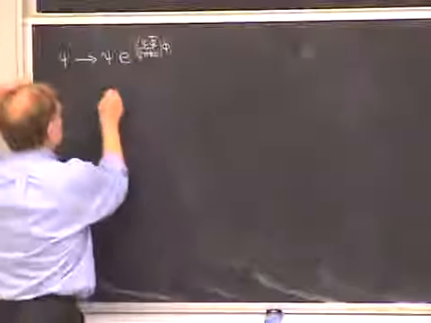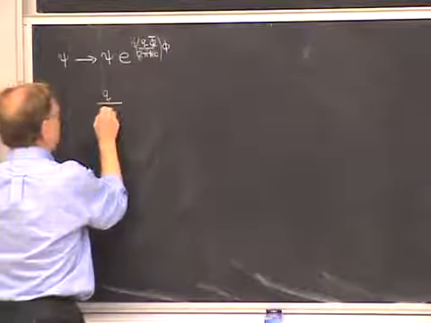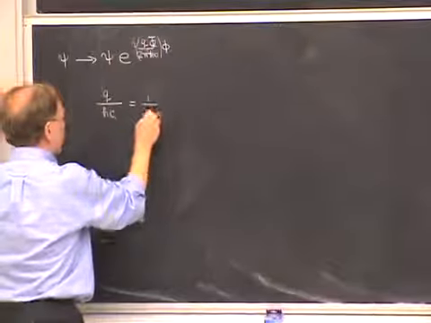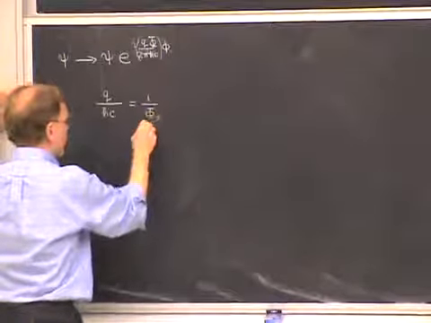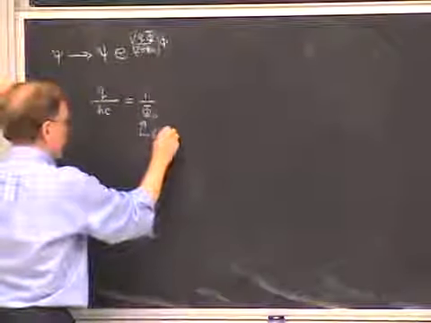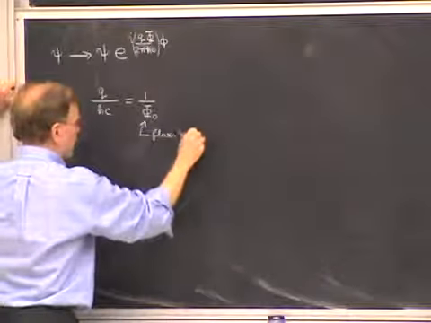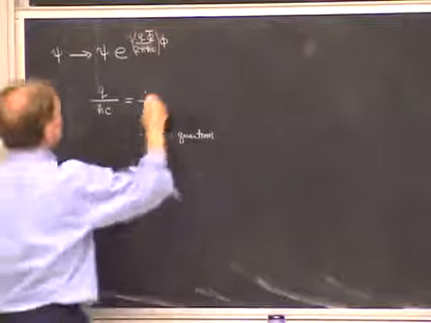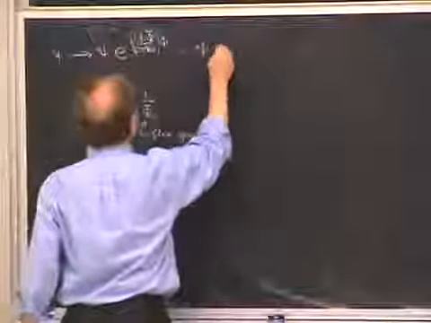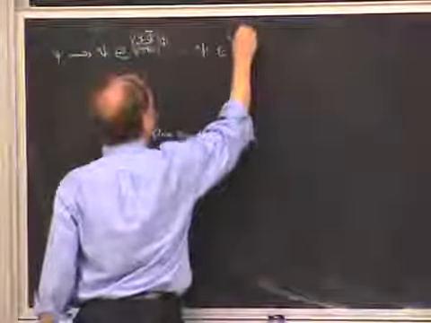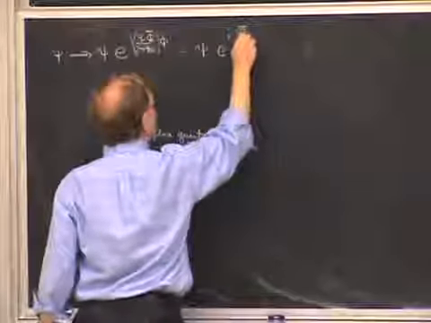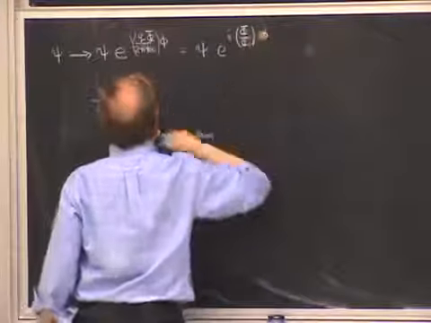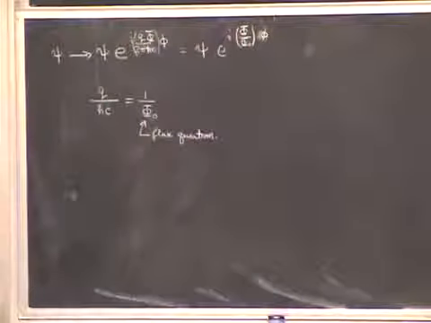Q over 2 pi h bar c is the same thing as q over hc, which is 1 over what I'll call phi naught, where phi naught is the same flux quantum that we saw in the charged particle in the uniform field. So this can be written as psi times e to the i capital Phi over phi naught times the azimuthal angle phi, like this.